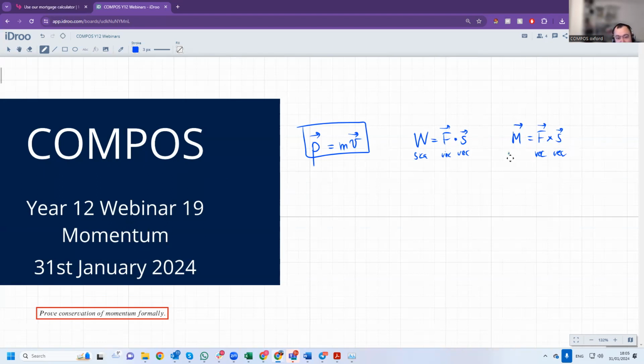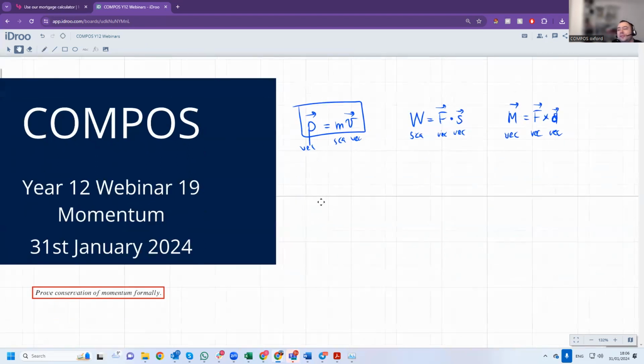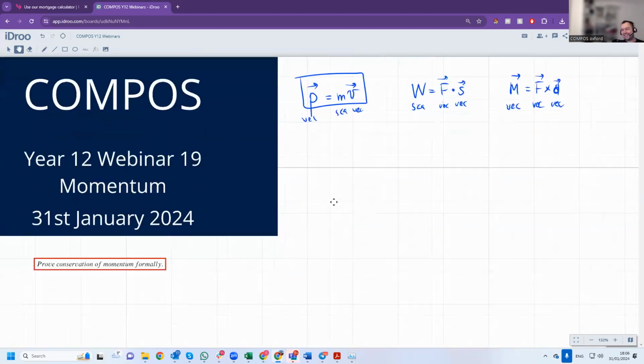You're multiplying the same property, we call it d, distance from the pivot. So a moment is a vector quantity, whereas work is a scalar quantity. But when you multiply a scalar by a vector, you always get a vector. There's nothing you can do about it, basically.